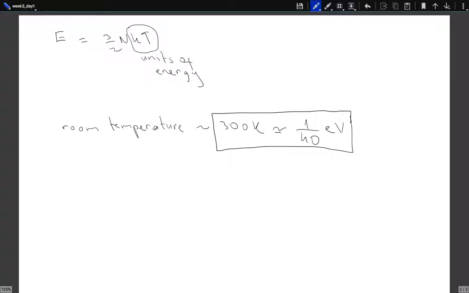If you consider hydrogen gas, the ionization energy is 13 electron volts. So if you want to create a hydrogen plasma, 13 electron volts would correspond to 300,000 or 1 million Kelvin. So the sun, which is basically a hydrogen plasma, we know its temperature is at least 1 million Kelvin.